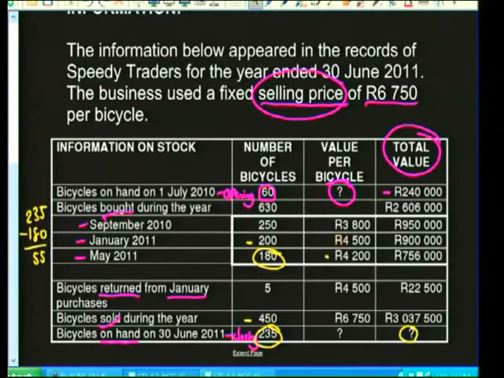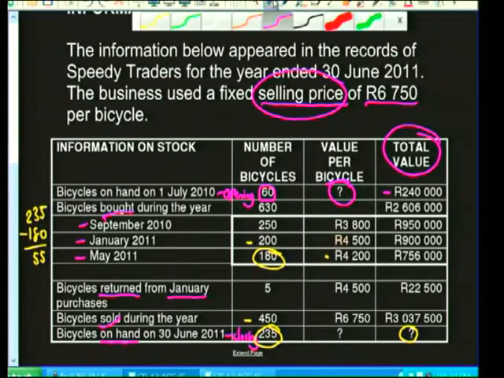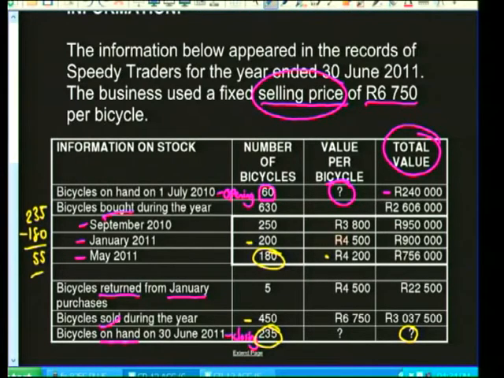But that's not all the bicycles we have left, because in fact we have 235 bicycles left overall. So once we've accounted for those 180 from May, we still have 55 of January's bicycles left, which you'll remember I did in this calculation over here. So we have 55 of these left, plus 180 of May's bicycles. That gives us our 235.